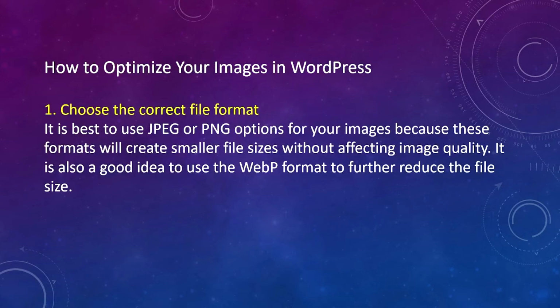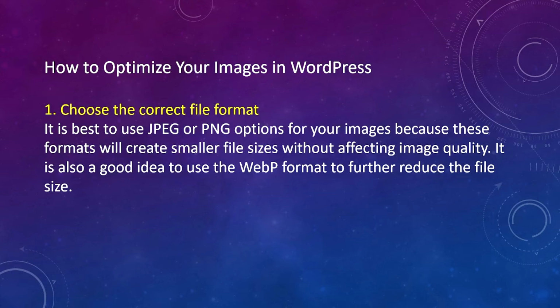So how do you optimize your images in WordPress? Well, first, you want to use the correct file format. It's best to use JPEG or PNG options for your images because these formats will create a smaller file size without affecting image quality. It's also a good idea to use the WebP format to further reduce the file size.